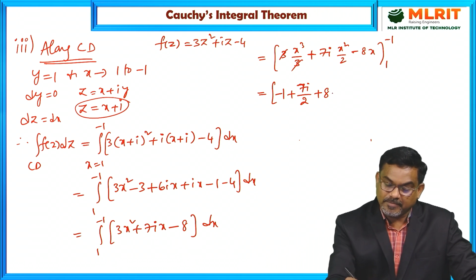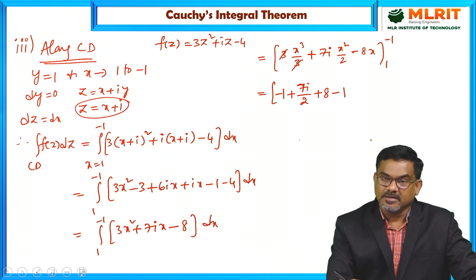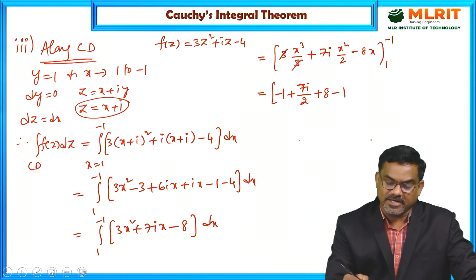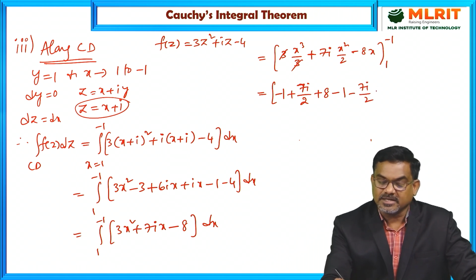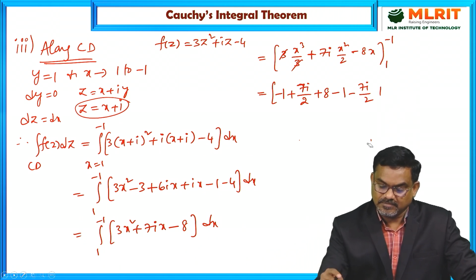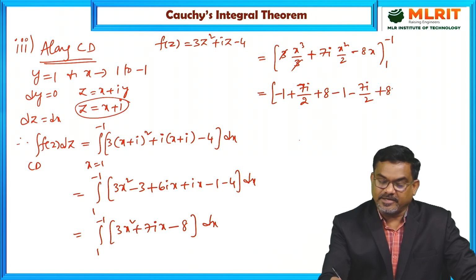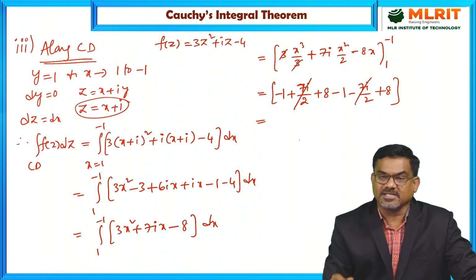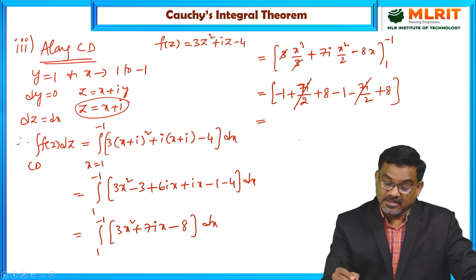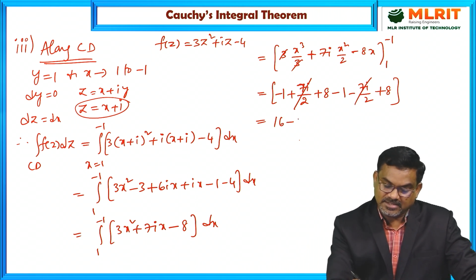For the lower limit we get a negative sign: minus 7i by 2, and minus minus becomes plus, so plus 8. So the 7i minus 7i by 2 cancel, and 16 minus 2 is 14.